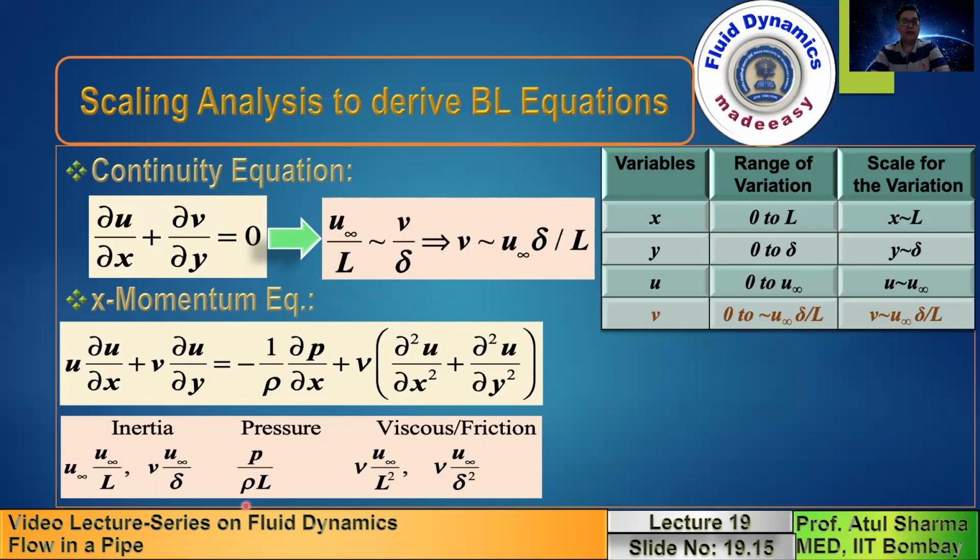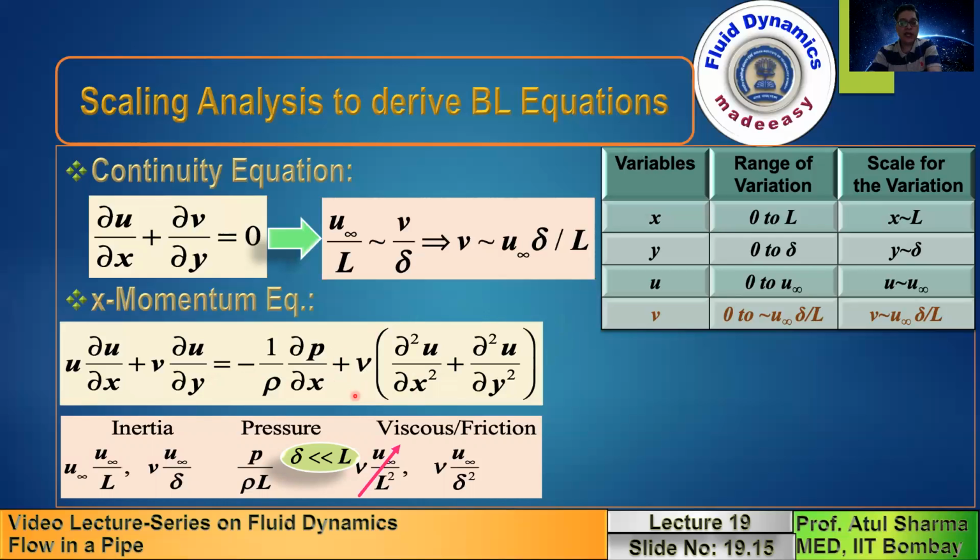So delta is much smaller than L. If you apply that condition to the orders of magnitude you have obtained for the various terms, it is like A plus B is equal to C plus D plus E. So you have 5 different terms, 2 on the left hand side and 3 on the right hand side.